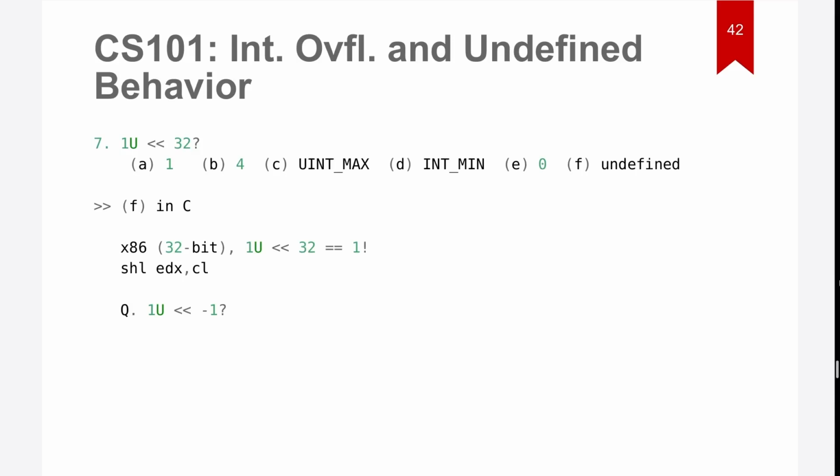And on x86, that's typically 1. I tried it out. For me, it actually was 0. So it is truly undefined. It will end up being a shift left instruction, shift left 32.